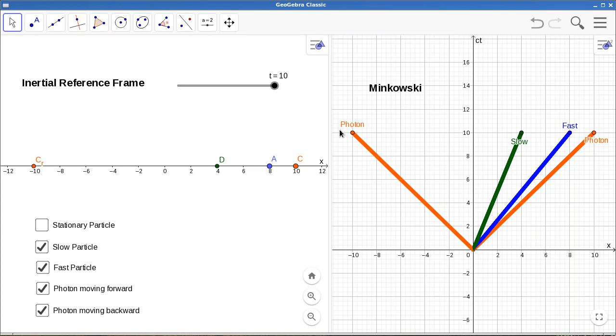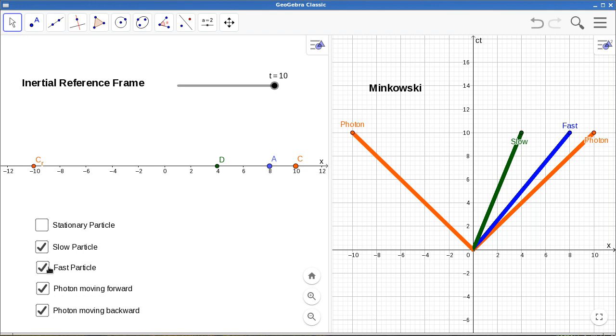In this diagram, this is the world line of the photon which is moving backwards, and the other is the photon which is moving forwards. The forward moving light and the backward moving light form two straight lines with slope equal to 1 and minus 1 in the Minkowski spacetime.